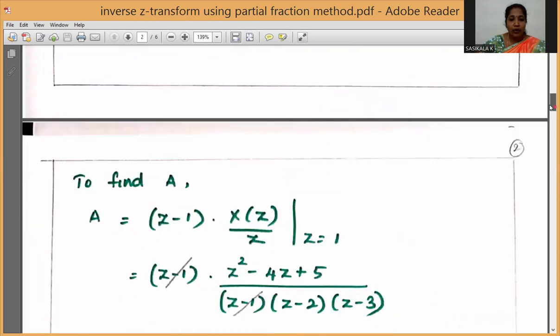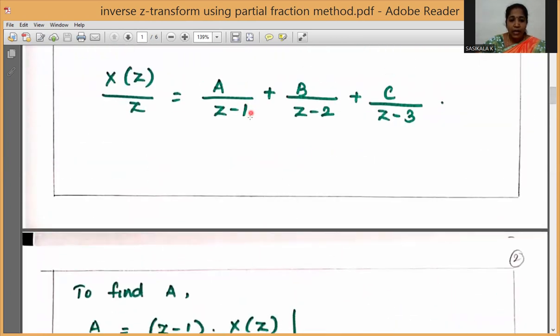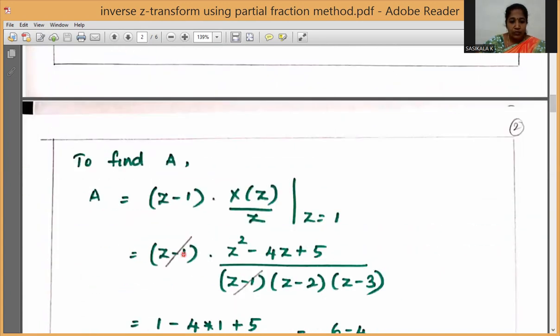To find A, the denominator of A is z − 1. So we multiply (z − 1) by X(z)/z, which gives (z² − 4z + 5) / ((z − 1)(z − 2)(z − 3)) times (z − 1).